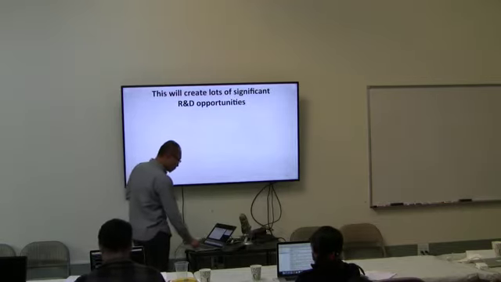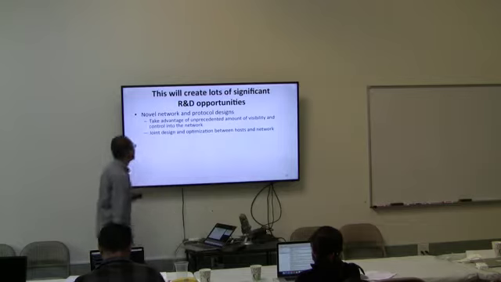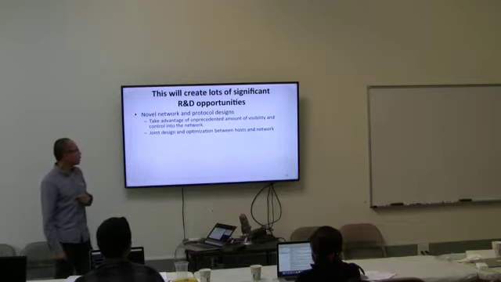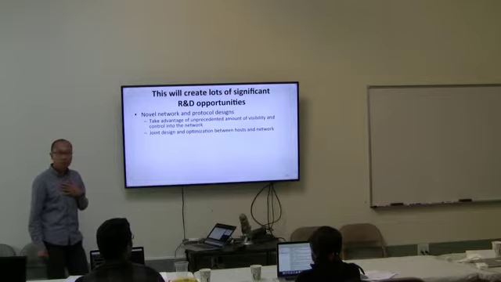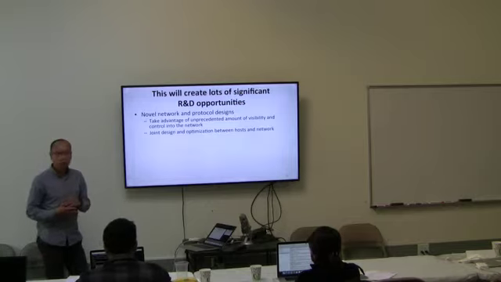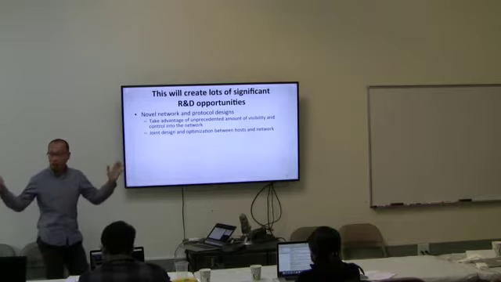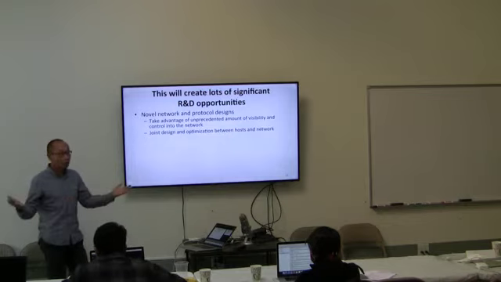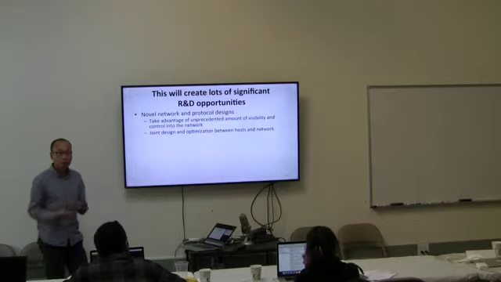This will create lots of significant R&D opportunities: novel network and protocol designs that take advantage of an unprecedented amount of visibility and control into the network. Joint design and optimization between host and network. Especially these large online service providers, they already own the end host, either through virtualization or by running their own applications only.